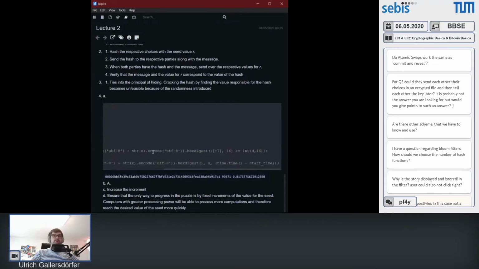How did you compare? I split it based on the first 7 digits. Okay, and you treated the string as hexadecimal and compared it to the D. Yes. Very good.